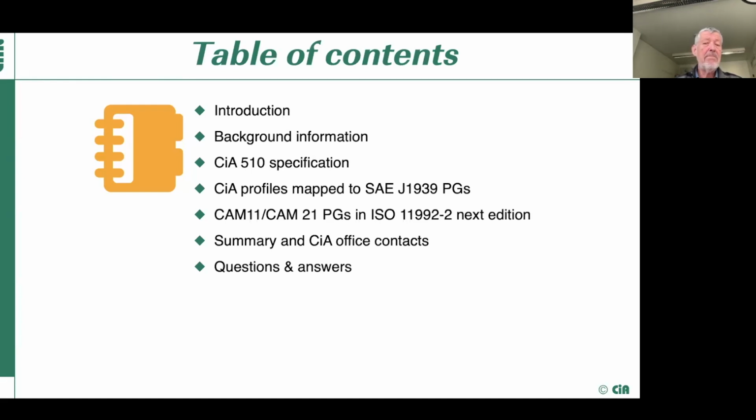We'll also have some detailed information on the CAM11 and CAM21 parameter groups in ISO 11992 and how they use them or will use them. Then we will have a summary and some CiA office contacts. At the end, we will also have a question and answer session, which will not be recorded.